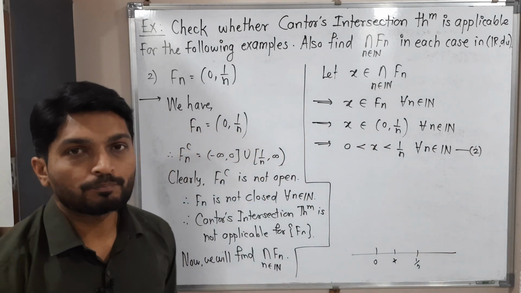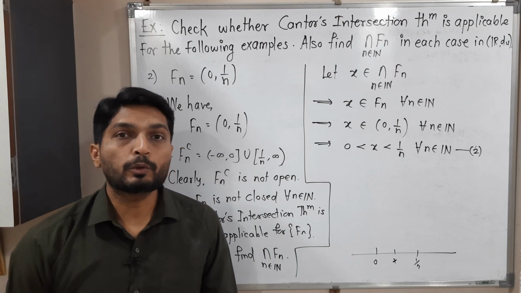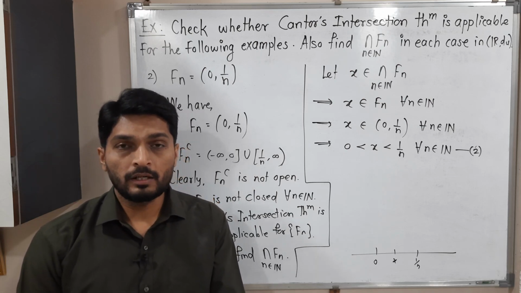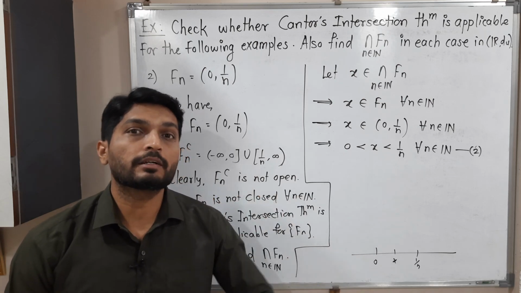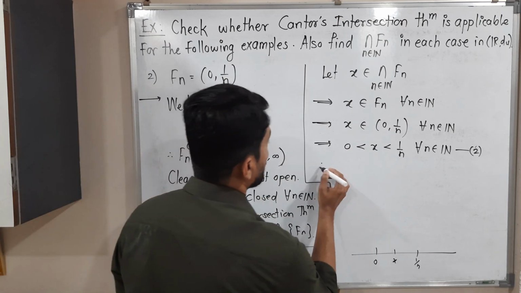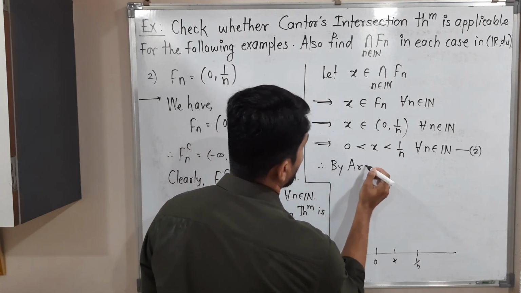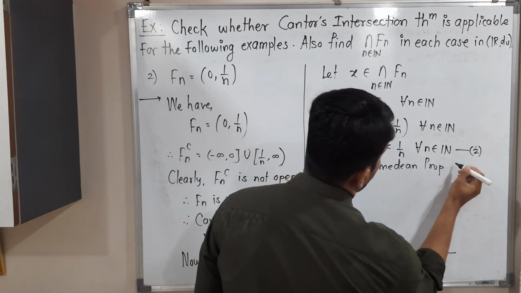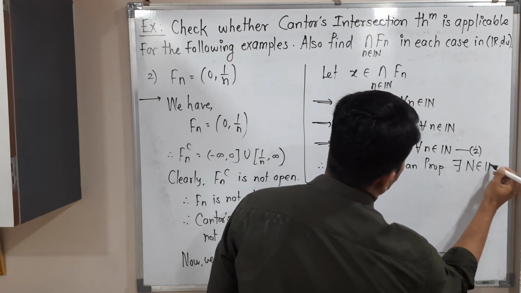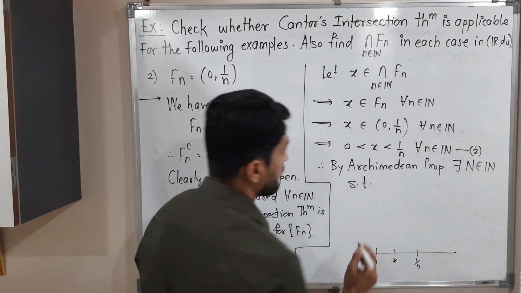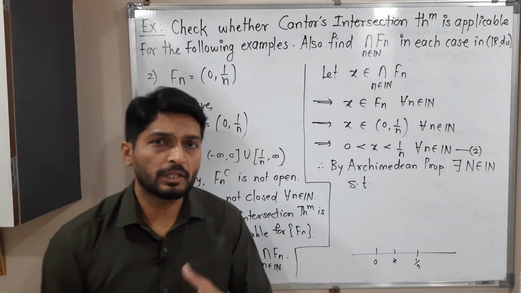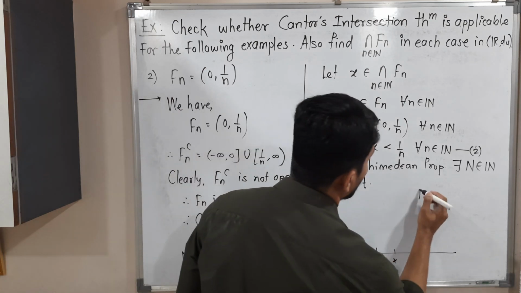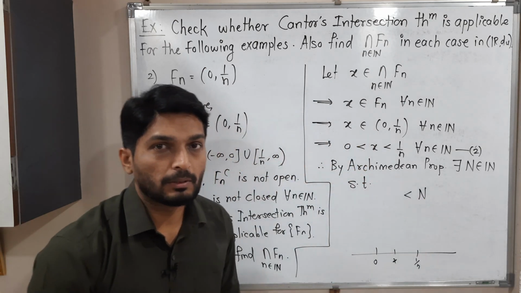Again, in this example also I am going to take the help of the Archimedean property. That property says if you have any real number, you can definitely find a natural number greater than that. So here also I will do the same. Therefore, by the Archimedean property, there exists a natural number n such that, for any real number, positive, negative, or zero, we can find a natural number greater than it.